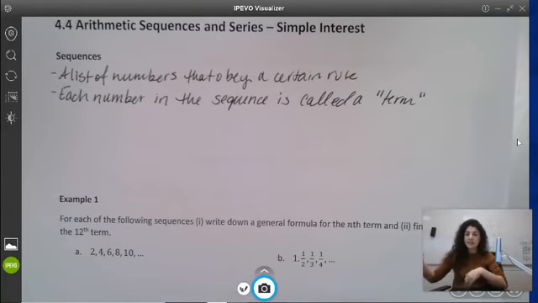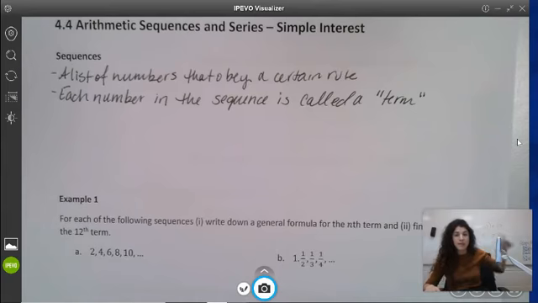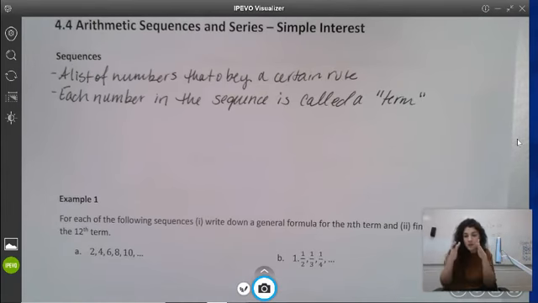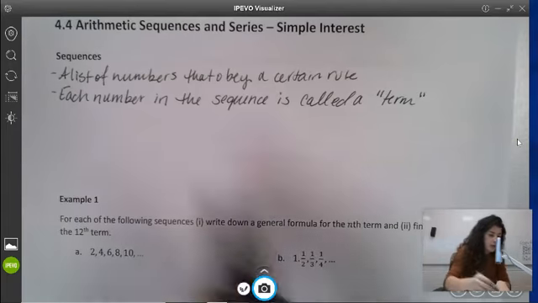So I would say, okay, here's the second term, here's the third term. We're talking about the third number that's in the sequence. Or what is the 20th term of the sequence? We're saying, what is the 20th number that's in this sequence? So each of those individual pieces of the sequence are called terms.